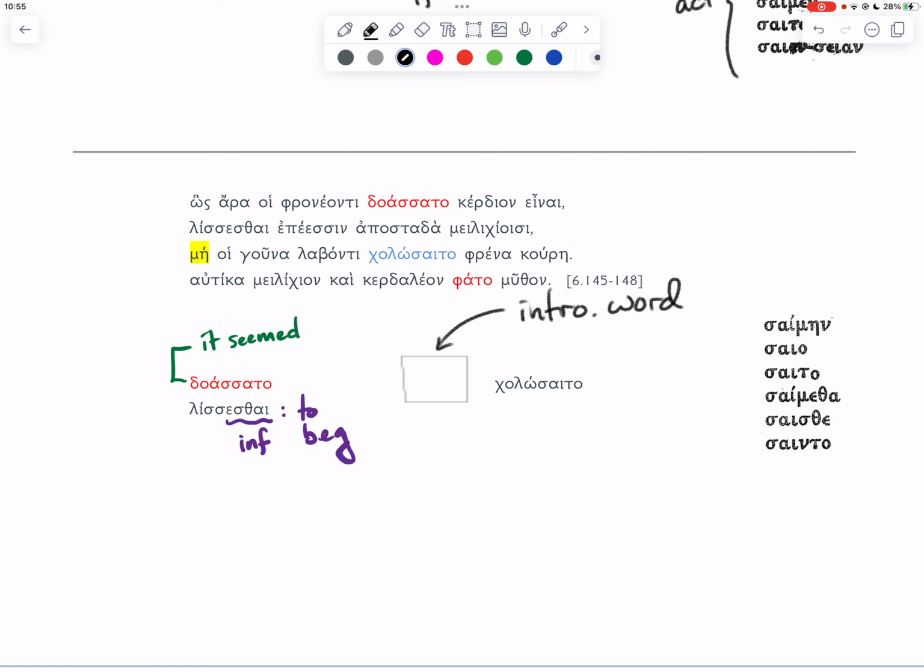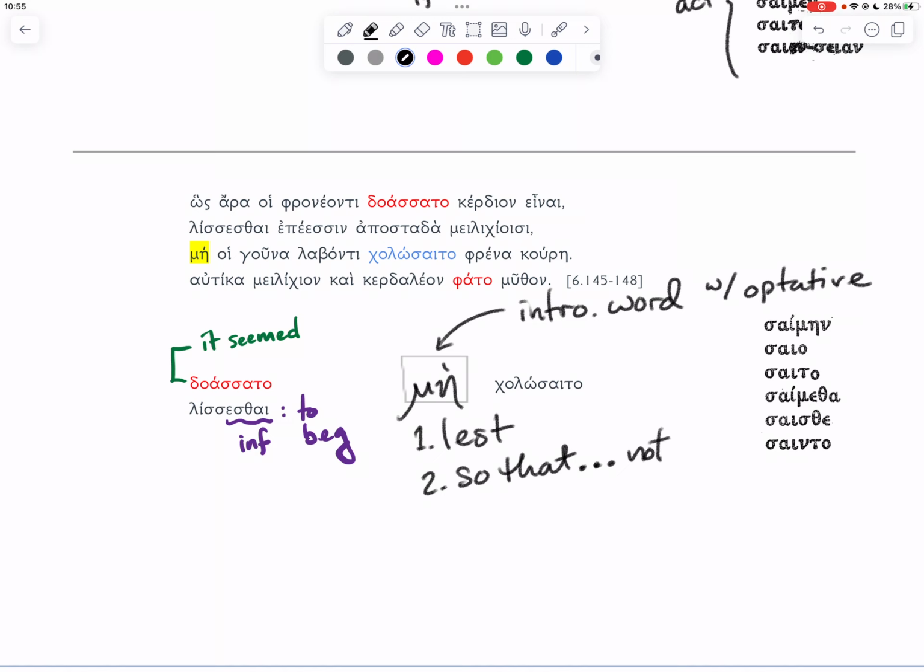Introductory word for the optative. And that word in our sentence is this word may. And we translate this word as lest or so that not.